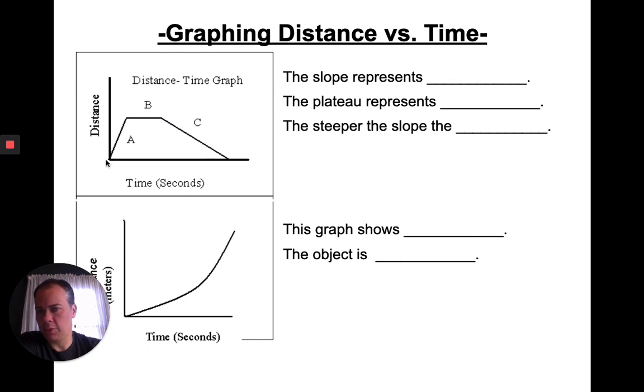as this object's moving. So if you look at this graph here, as time is moving forward, the distance this object is from the starting point is increasing. It's getting farther away.